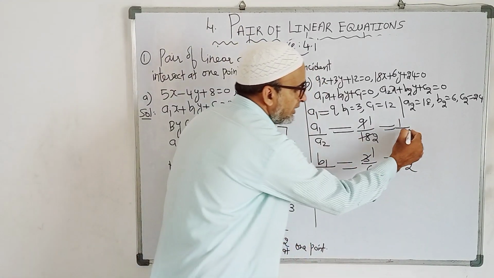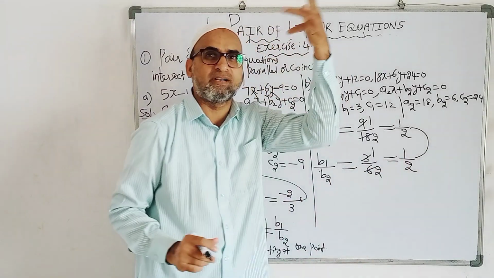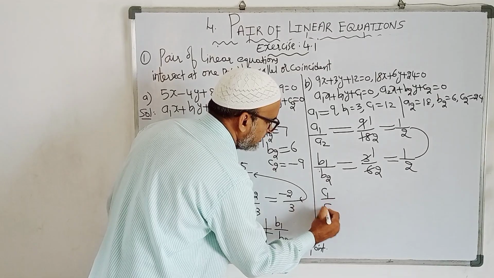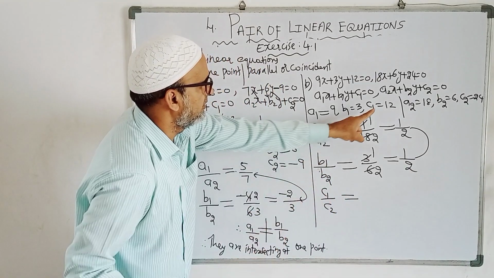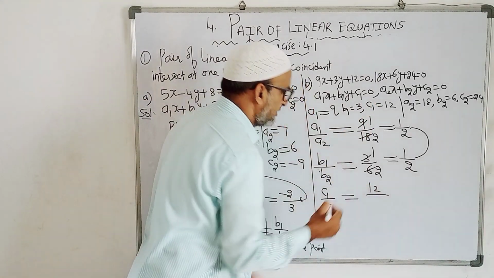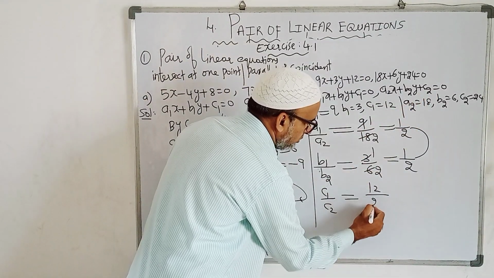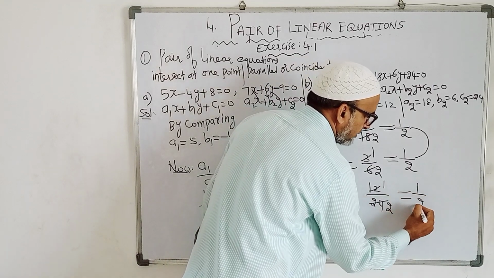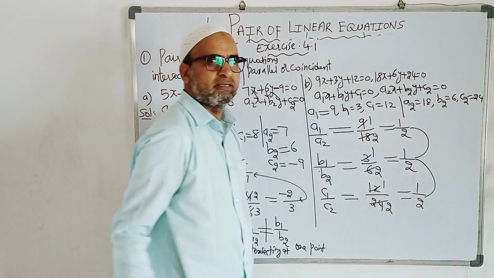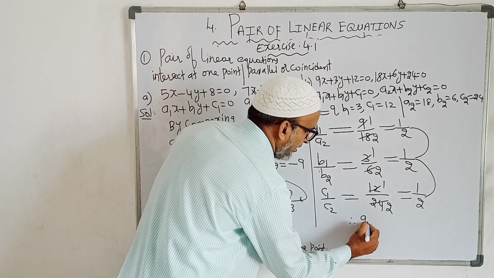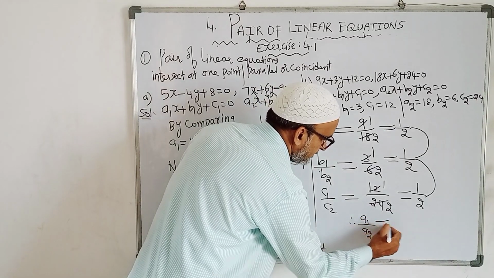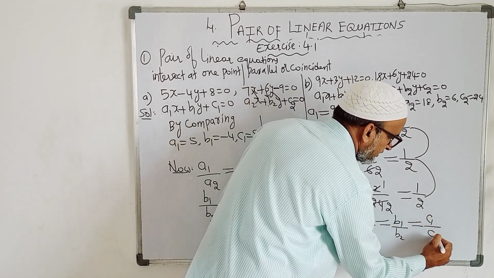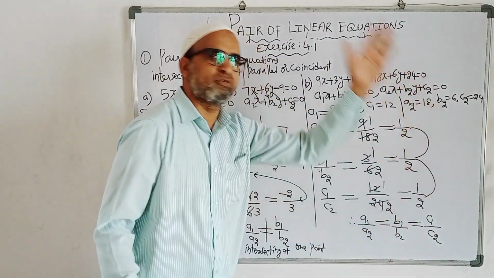Now they are the same. Go for the third ratio. If they are not the same, stop there only. Now go for C1 by C2, 12 by 24, is equal to 1 by 2. Now see three answers. Therefore A1 by A2 is equal to B1 by B2 is equal to C1 by C2.